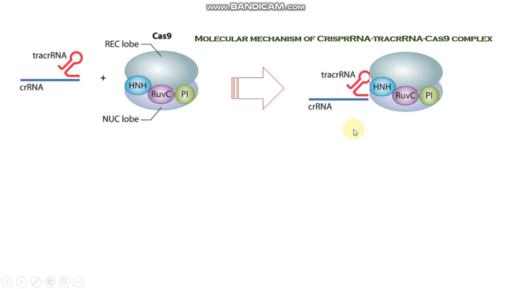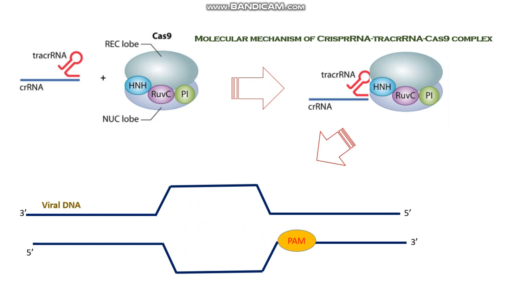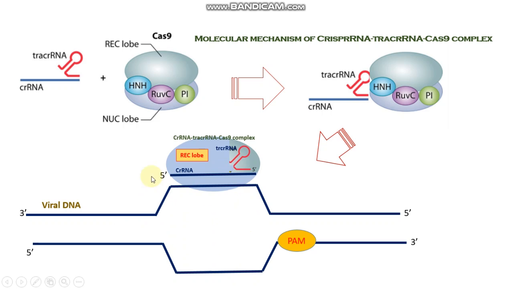In the interference phase, when the viral DNA attacks the bacteria a second time and contains the same sequence, the CRISPR RNA, whose sequence matches the viral DNA sequence, binds with that viral DNA. This is the Cas9 recognition lobe.